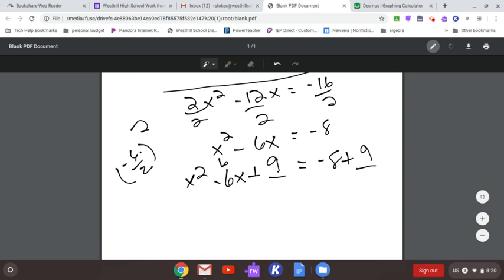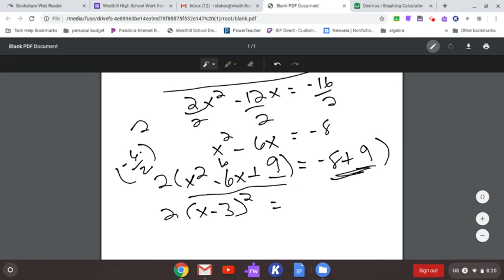We can't forget that we will have this 2 because we did factor it out in front of this whole thing. Then this part here can be factored into a perfect square of x minus 3 squared. That will equal negative 8 plus 9, which gives us a positive 1.